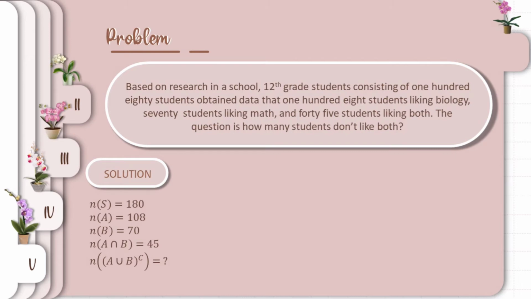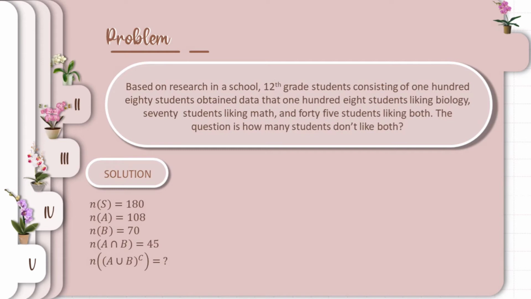And let students who like mathematics be set B. So, the cardinality of set B is 70 students. The number of students who like both is 45 students, and we know that the intersection of sets A and B is 45. The question is, how many students don't like both?